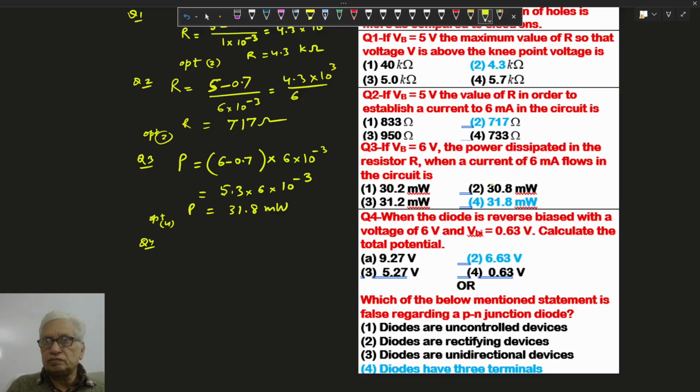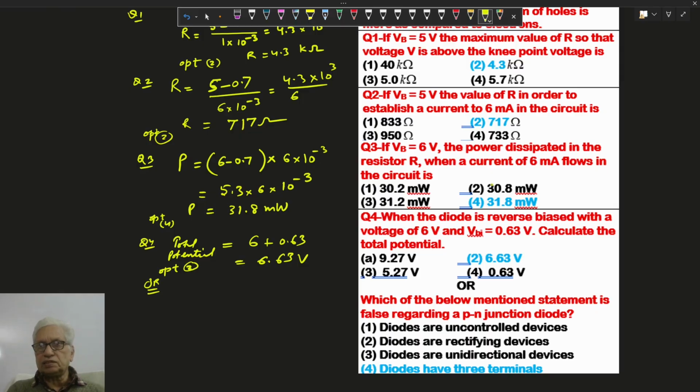Option 4. Now question 4. In forward biasing the polarities are opposite, so we subtract, but in reverse biasing we add because of the same polarity. The total voltage will be 6 plus 0.63, which is 6.63 volt. So that option is correct.